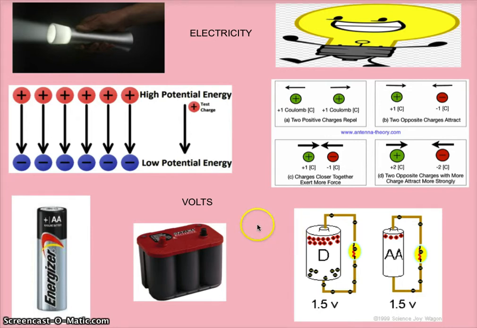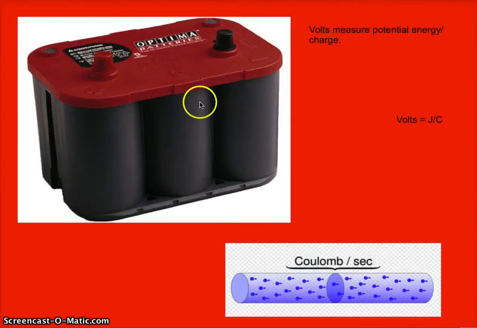Now, by potential energy, if you have more negative charges, then you have more potential electricity. And potential energy per charge is something called volts. Yes, volts measure potential energy per charge. And you can see that volts are going to be in joules over coulombs, and we'll get back to that in a little bit.